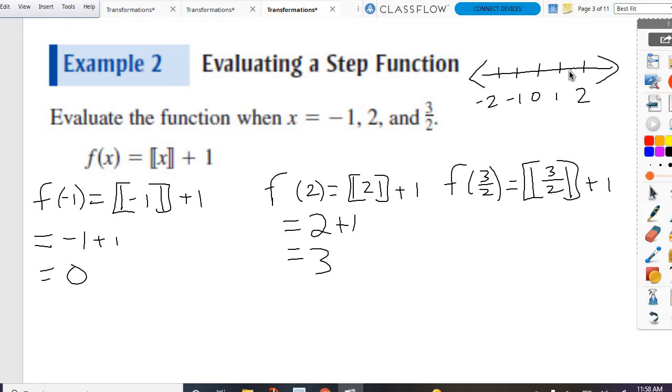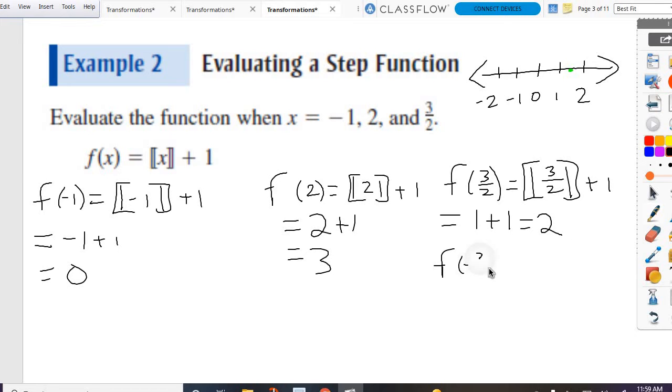Between 1 and 2. Okay? So we're basically trying to pick the biggest whole number that is smaller than. So on a number line, smaller than means in which direction? To the left. Okay? So notice I have a bunch of integers that are smaller than 3/2. But I have to pick the biggest of all of those, which would be what? 1. So the greatest integer function of 3/2 would be 1.